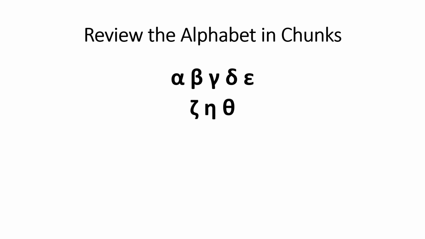Zeta, eta, theta. So they're all very similar. Third lot. Iota, kappa, lambda, mu, nu. So that's like I, J, K, L, M, N, except there's no J.